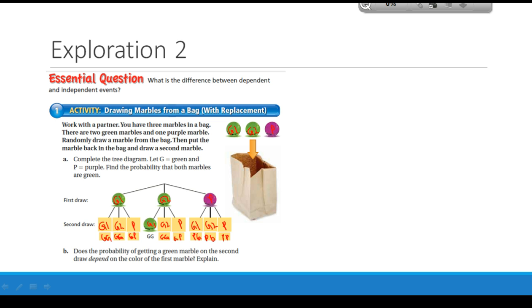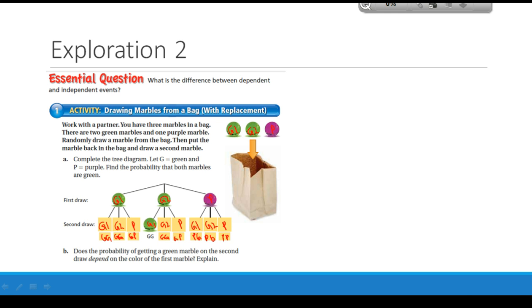So the question is, does the probability of getting a green marble on the second draw depend on the color of the first marble? So what do you think? Okay, it doesn't. Since I put the marble back, I still have 2 green marbles in there, right?